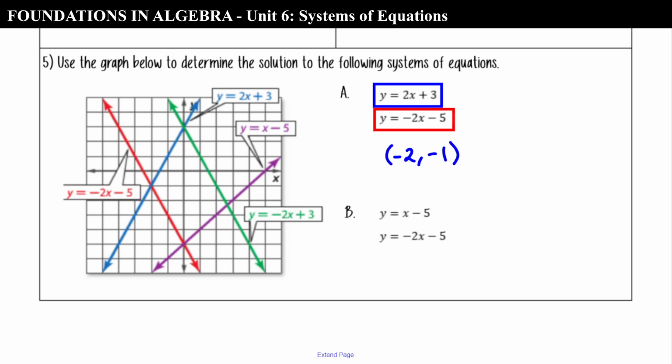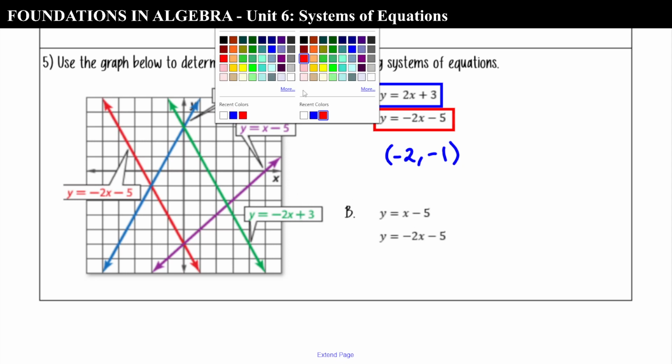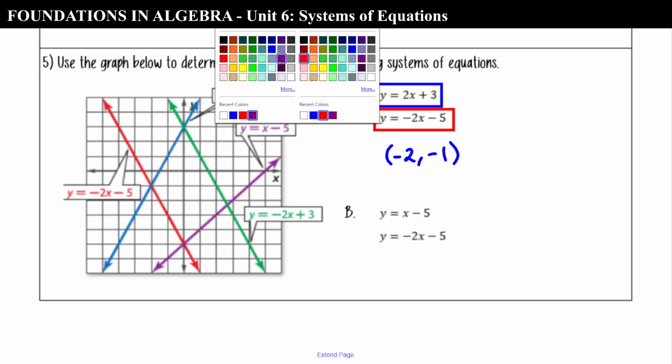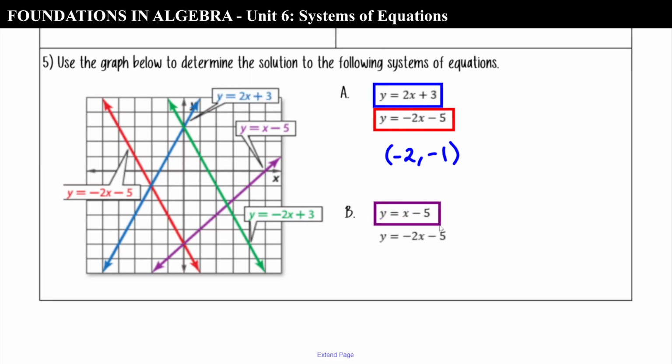For b, we have x minus 5, which is our purple line. And then we have negative 2x minus 5, which again is our red one.